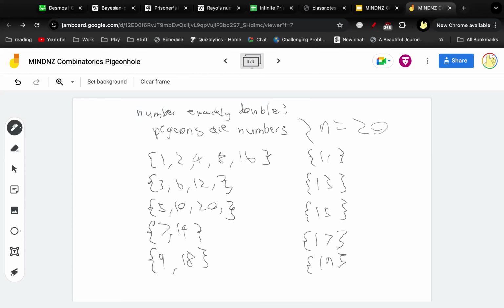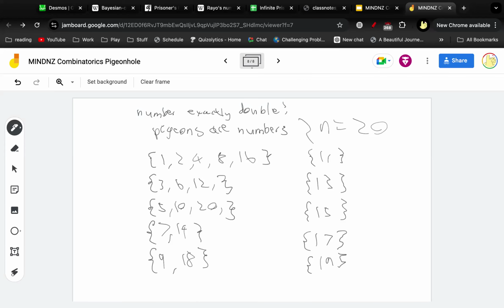And the reason we were able to make these longer chains at the start is because two is the smallest number, right? It's the smallest way of creating more multiples in a longer chain without going too big, right?